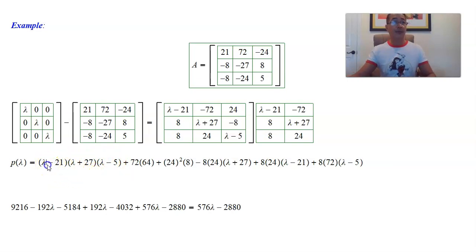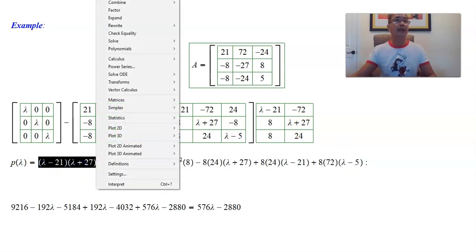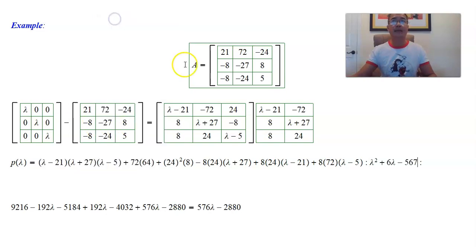Okay. So if you're doing this by hand, what you could do is expand these two factors first. Okay, so we know how to FOIL. We'll get lambda squared plus 27 minus 21. So that's plus 6 lambda minus 21 times 27. Punch that into your calculator. And why did you not distribute for me? So I should do compute expand.